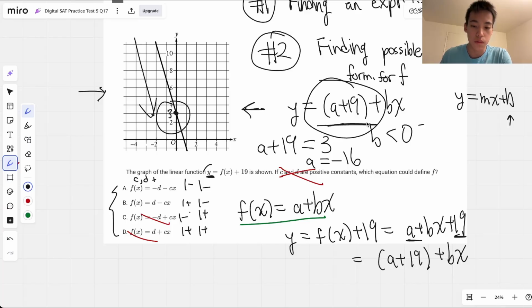So therefore we know that a is negative. So we now know that because a is negative, we can rule out B, and that gives us A. So remember that we were assuming that a and b don't necessarily have to be positive constants. And why did we assume so?